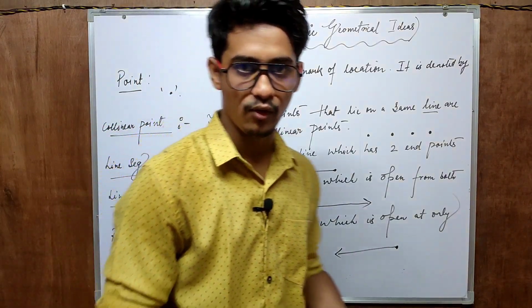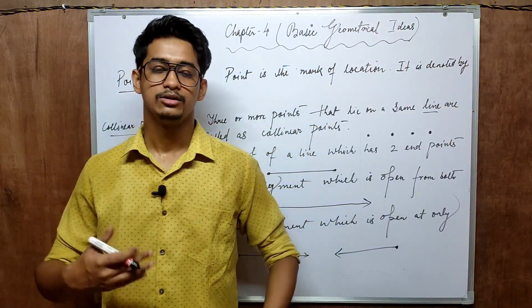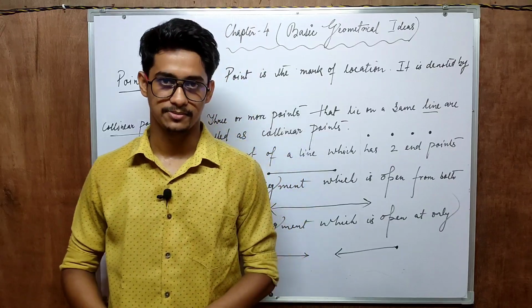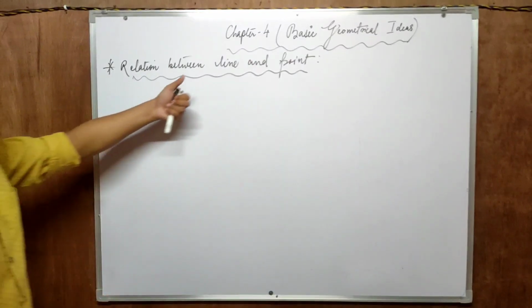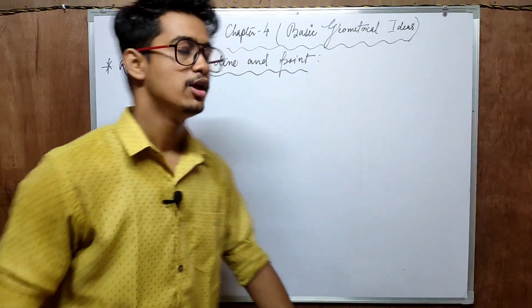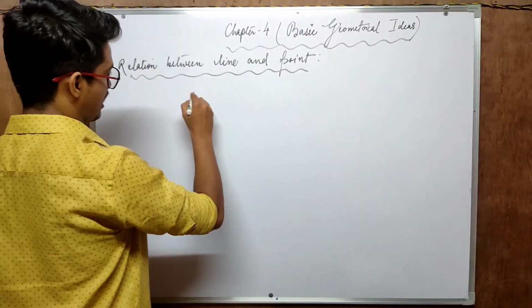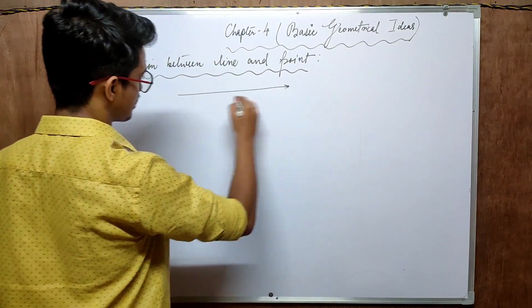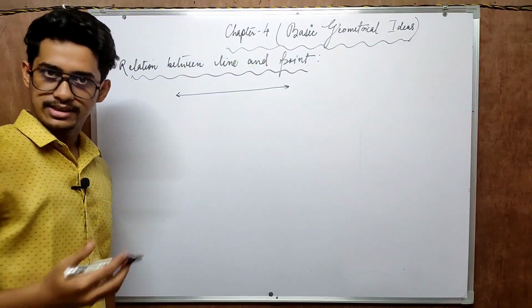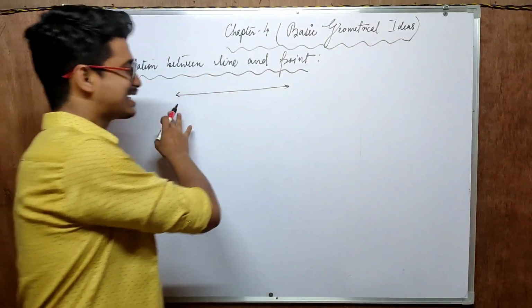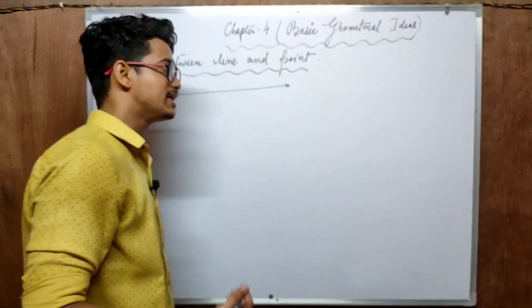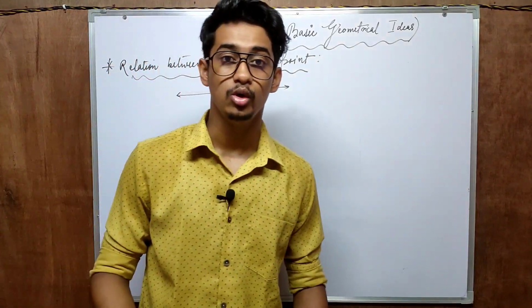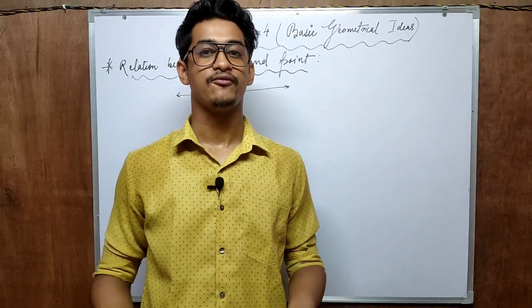Later on we will move on to the next concepts of this chapter. The next concept is the relation between line and points. If you observe a line, it is actually created by infinite points. Infinite means there is no counting left over.